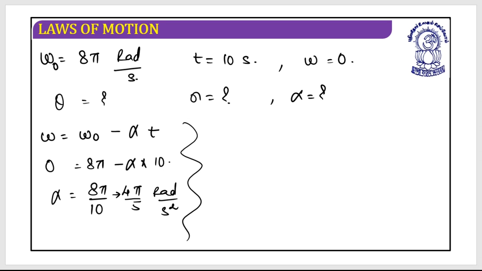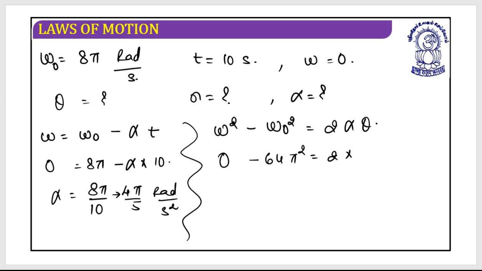Now theta: omega square minus omega naught square should be equal to 2 alpha theta. This is 0, this is 8 pi square. It's 64 pi square, which should be equal to 2 into alpha, 4 pi by 5, into theta.